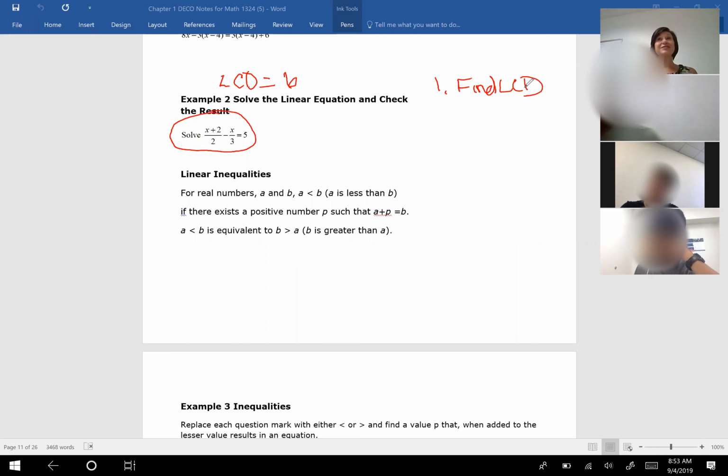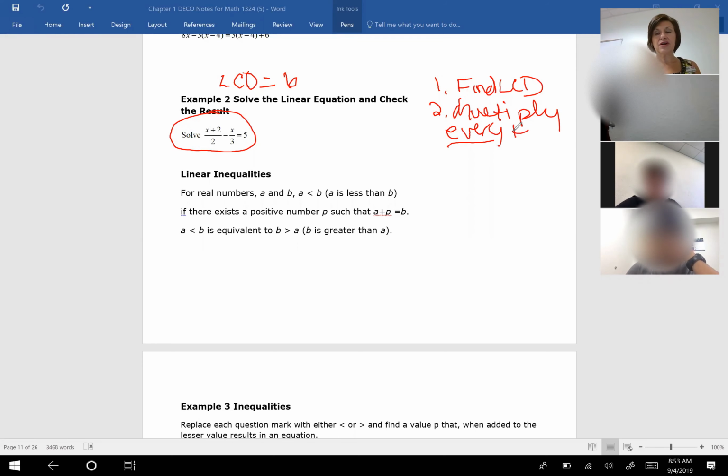No, if there's no equal sign, like the ones we did last week, and the one we did in that quiz where you had 1/25 plus 2/5, there's no equal sign there for me to be able to get rid of the fractions. But when there is an equal sign, I can get rid of fractions if after I find the LCD, I will multiply every term. That means both sides.